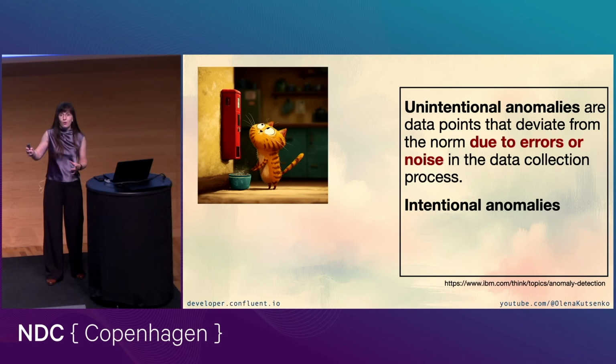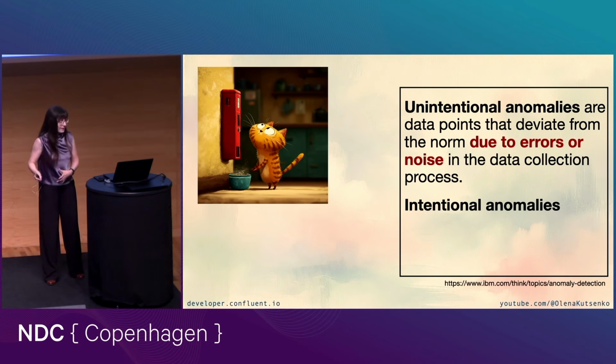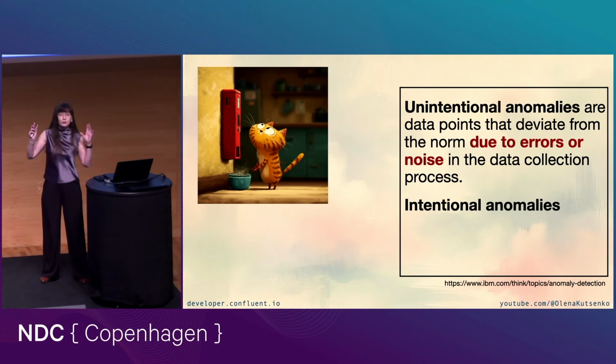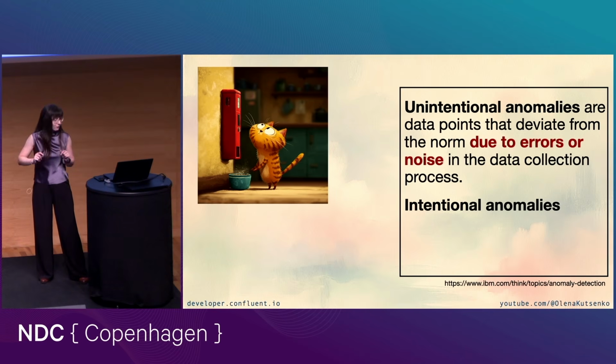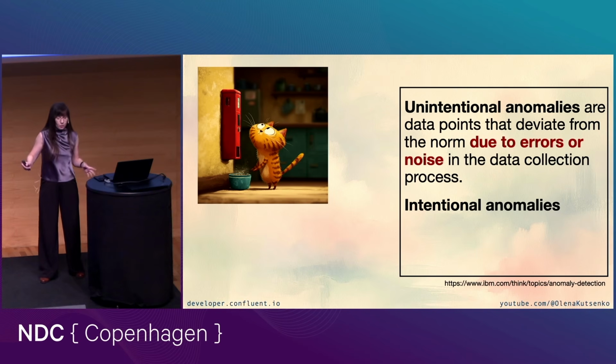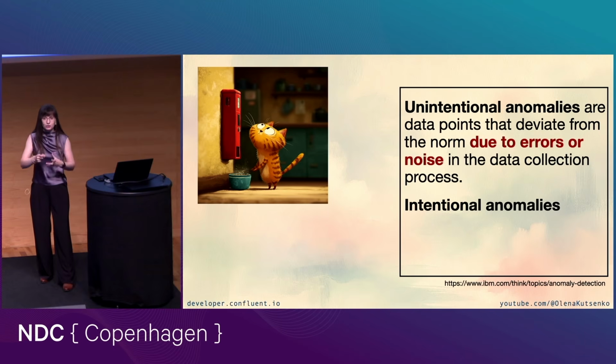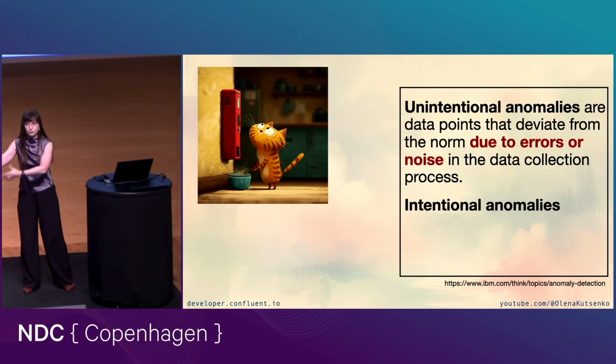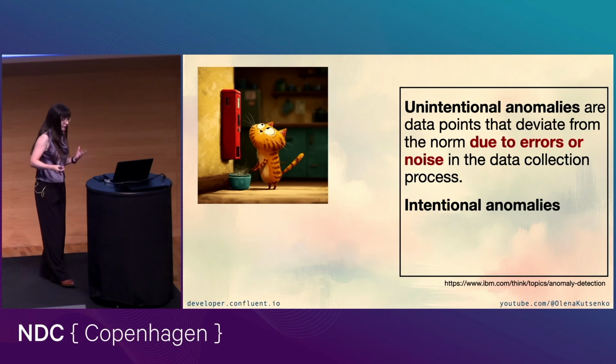For example, when sensors which are sending the data malfunction, there are some data transmission errors, maybe user mistakes when filling in a form, or some environment noise. And usually we try to identify and filter out this noise, because it brings imprecision in our data and later in the analysis of the results.